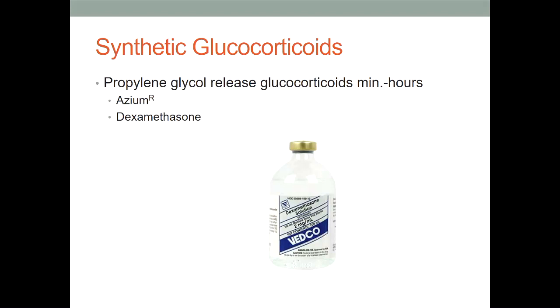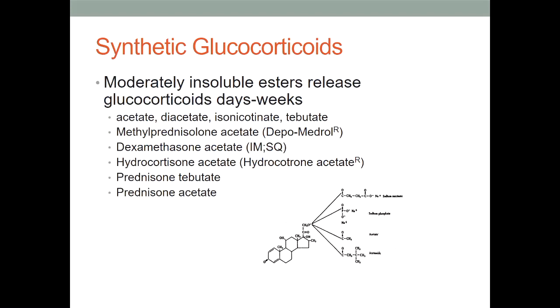These are the slower-acting ones that, again, are going to take a long time to dissociate off. There are moderately insoluble esters, and they release these glucocorticoids a lot more slowly. These are some of the examples of them. Acetates, diacetates, tebutate.